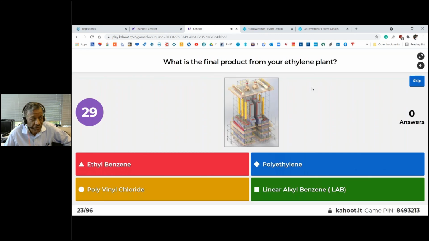So we want to find out what is the final product from your ethylene plant, because nobody produces ethylene. They are always producing something else. Ethyl benzene is a precursor to styrene. Polyvinyl chloride is a plastic. LAB is a detergent. And polyethylene is a plastic again.